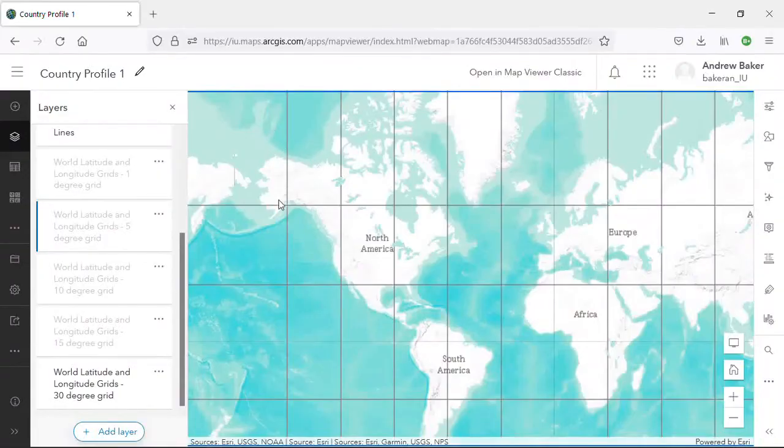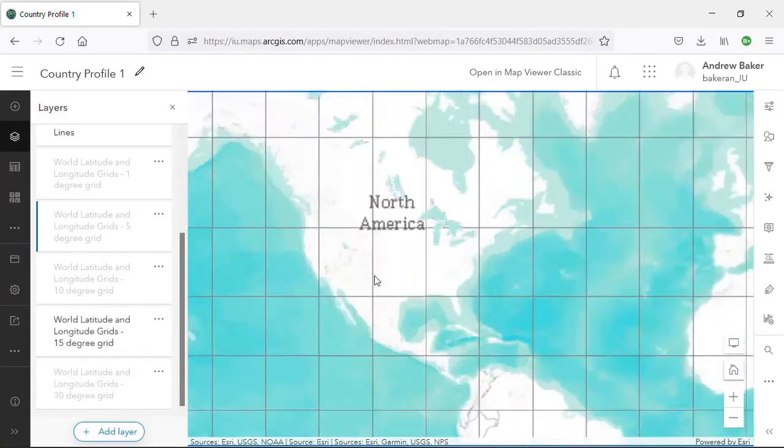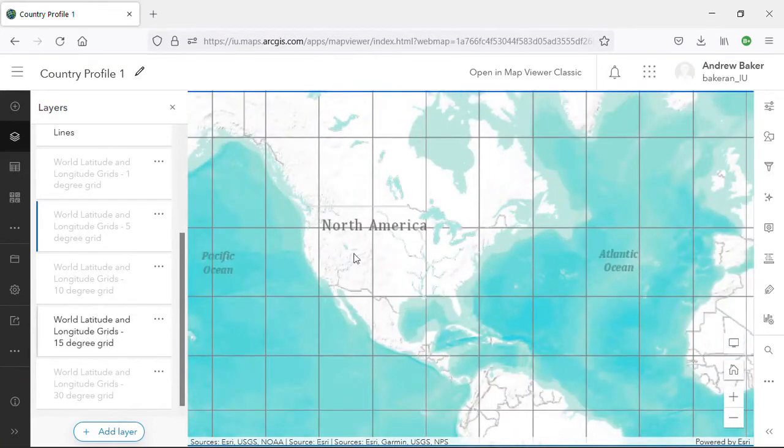These lines of latitude and longitude represent a grid on our map. Those could also be referred to as a graticule. We'll notice that these are in 30-degree increments, which means 30 degrees of latitude or longitude separates each line. And you'll note as I zoom in, the graticule changes to 15 degrees.